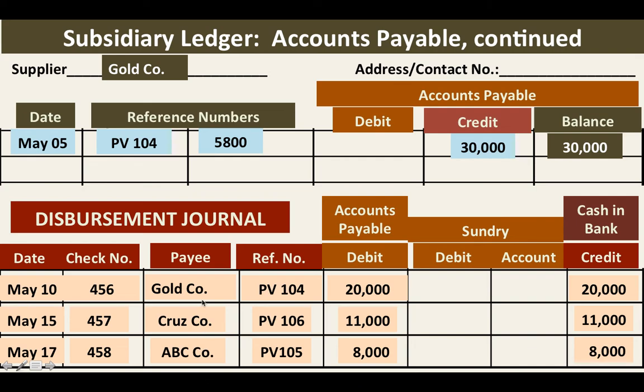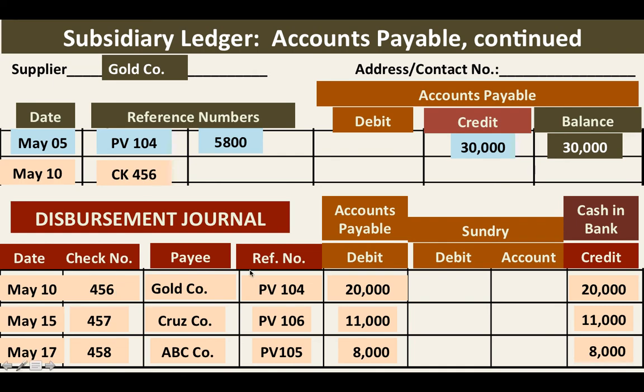So here, class, nandito ba si gold? Yes, nandiyan si gold. So ang ibig sabihin, we have to record the May 10 transaction sa ating subsidiary ledger kay gold. So sa May 10, we have May 10 there. So the reference is the check 456. Okay.